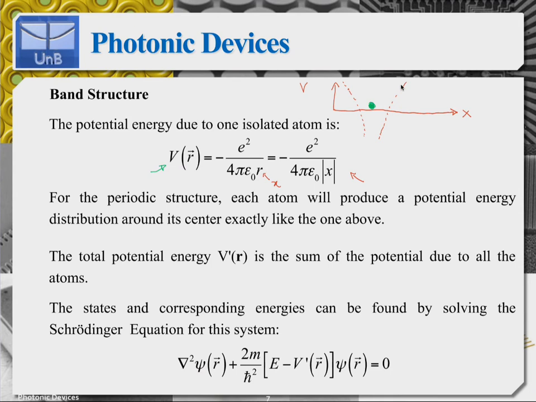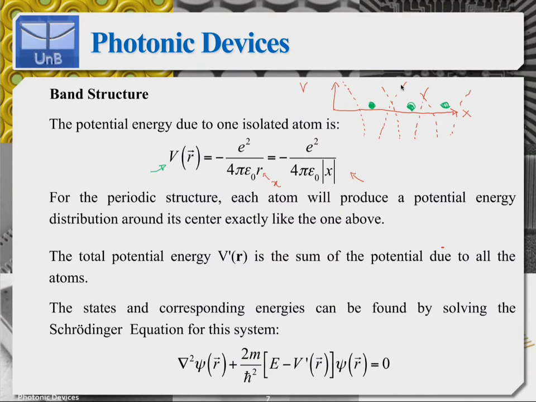So this is what you get for one atom. Now if you have a one-dimensional periodic lattice of atoms, you're going to have more atoms, like so, and associated with each of these atoms, you're going to have the same potential. The red dashed curve is going to be repeated for each atom here, and so on.